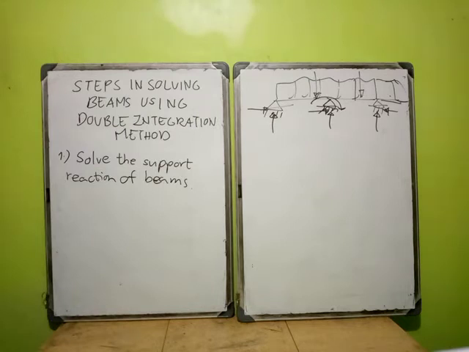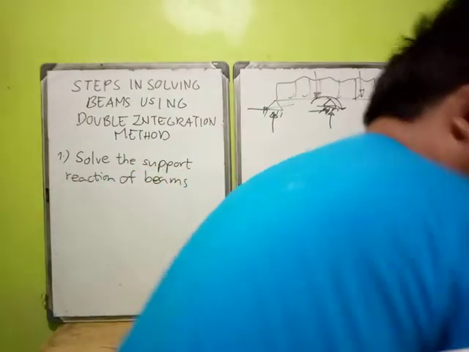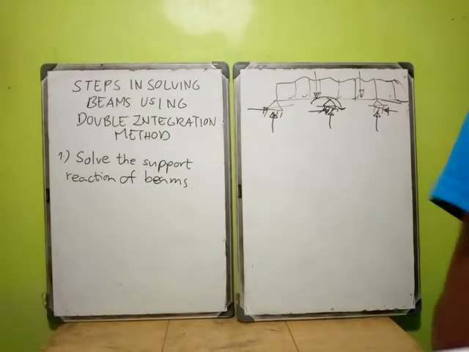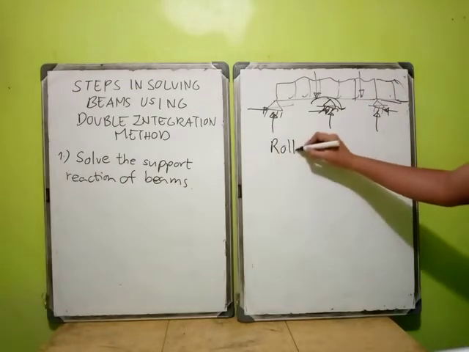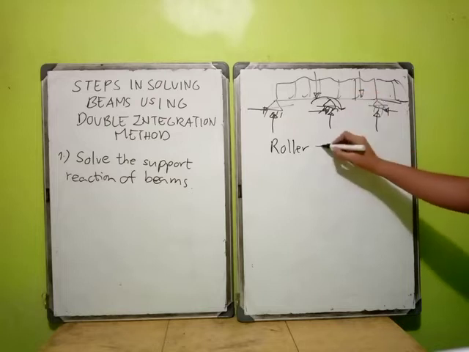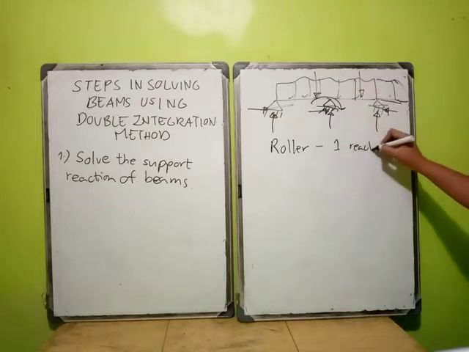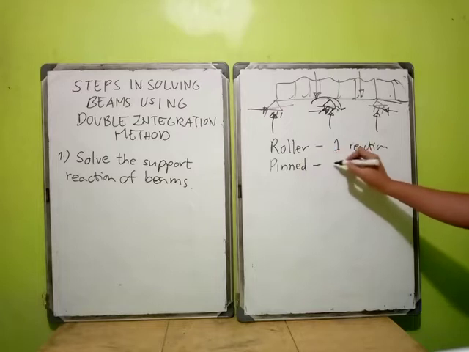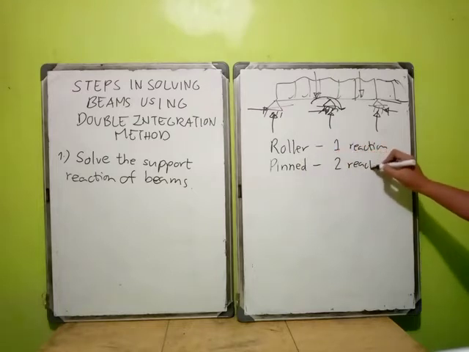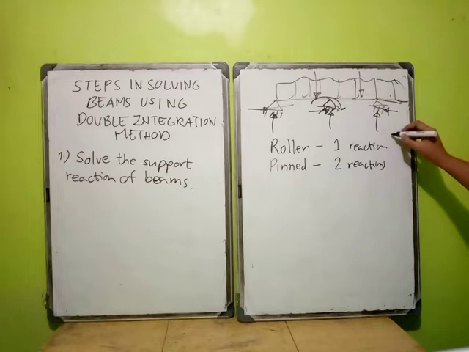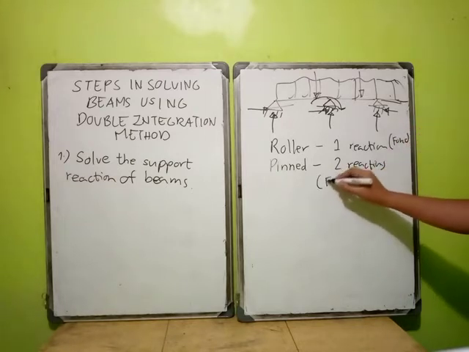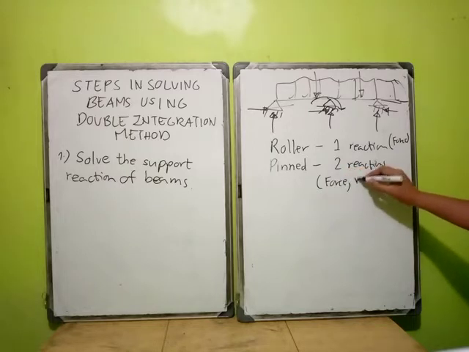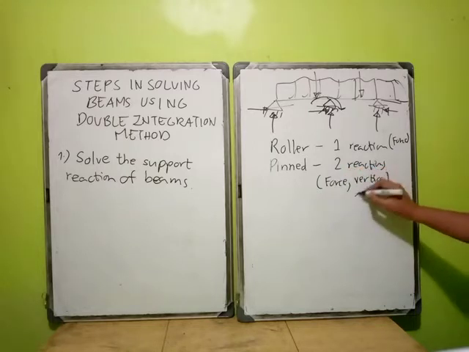So if you remember, we will just review. When we say roller, it has 1 reaction. And then if it is pinned, it has 2 reactions, force both vertical and horizontal.